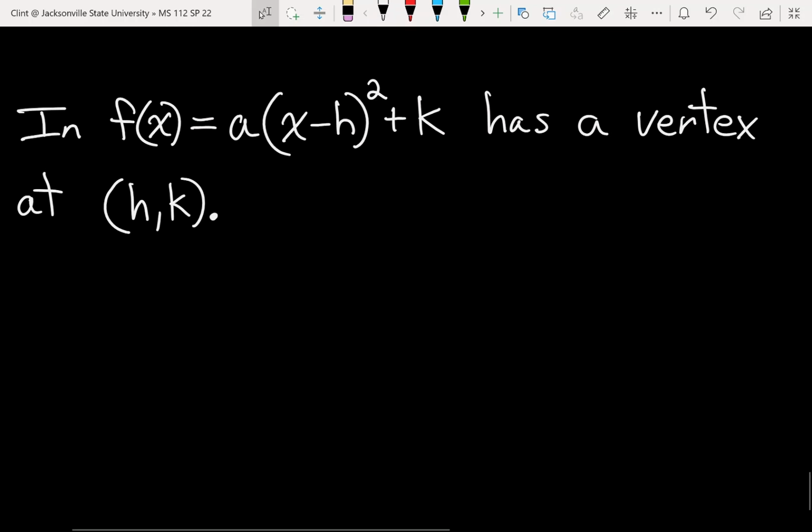If we're written in that second form, the x minus h form, the vertex is at the point h comma k. And we can just read it off the equation.